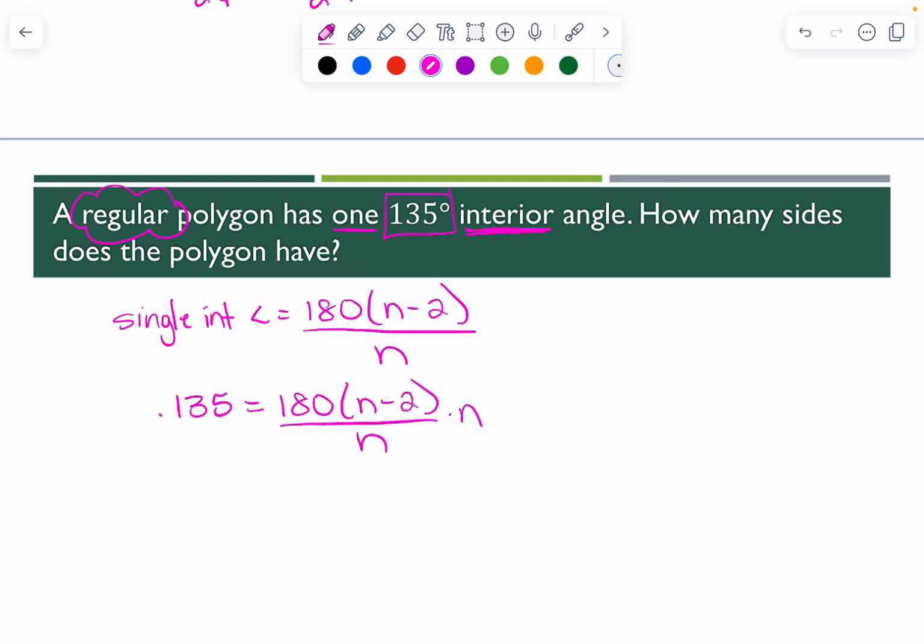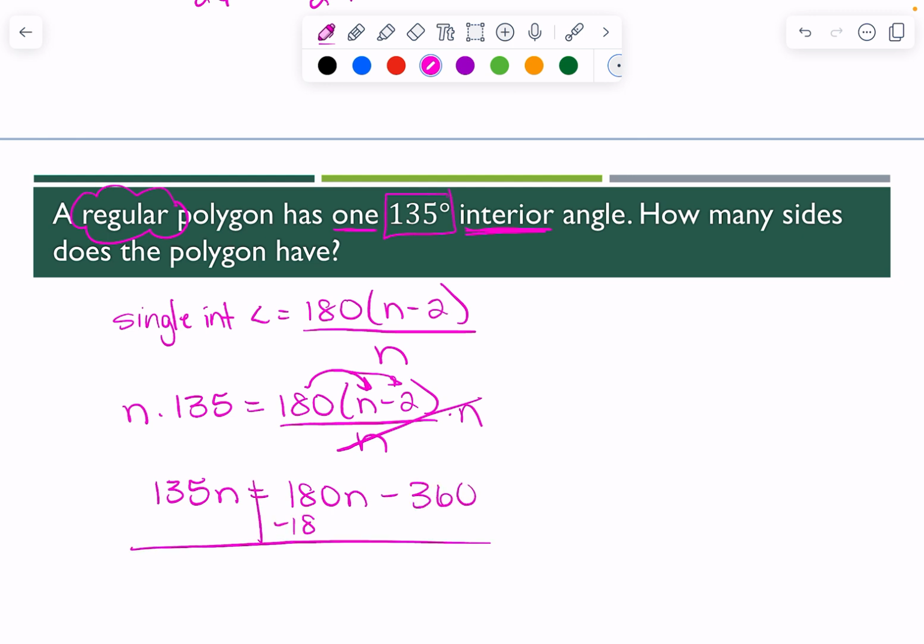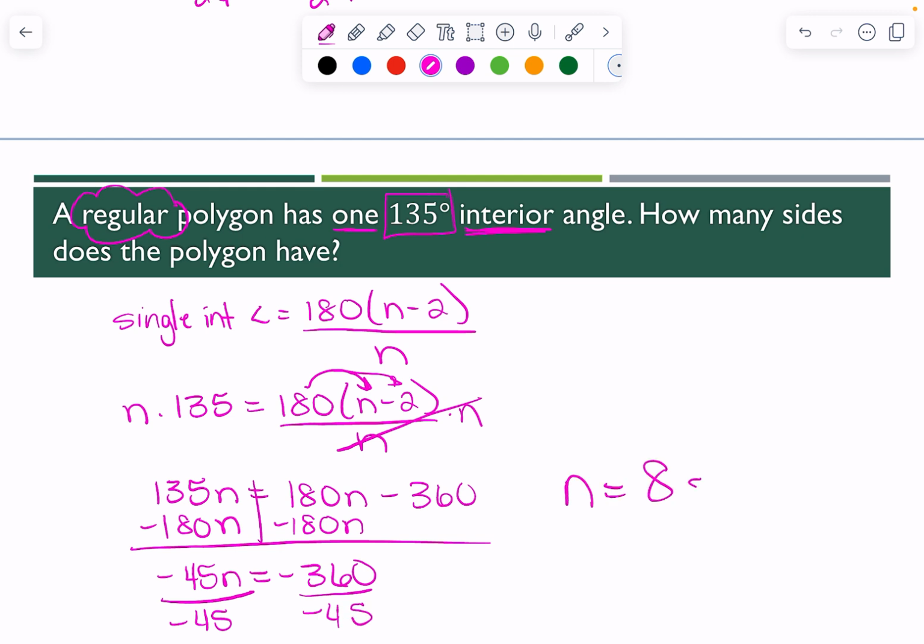We multiply by n on both sides here. So that's going to give us 135n equals 180n minus 360, because I'm going to distribute. At this point, I'm going to subtract 180n, and that's going to give me negative 45n equals negative 360. I'm going to divide by negative 45, and that's going to tell me that my polygon has 8 sides.